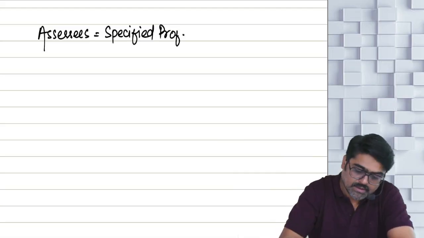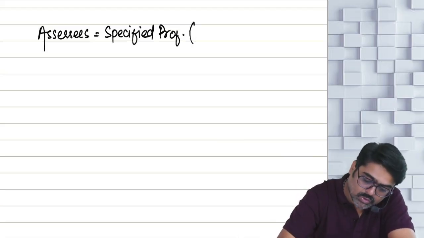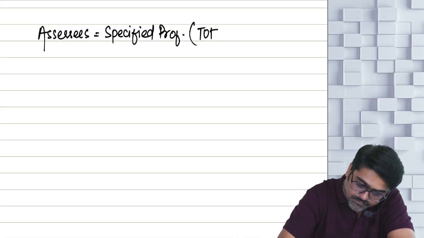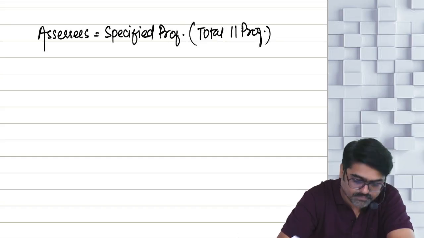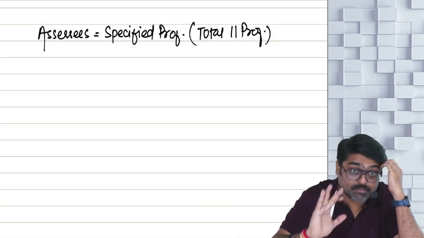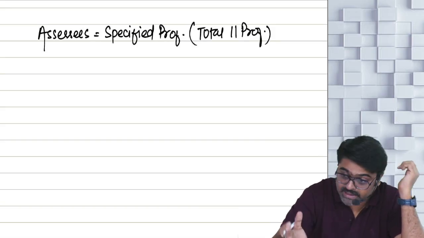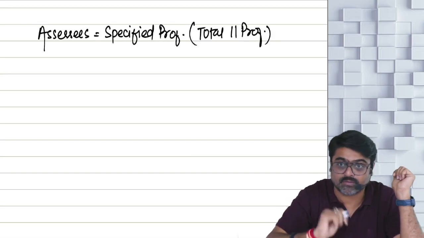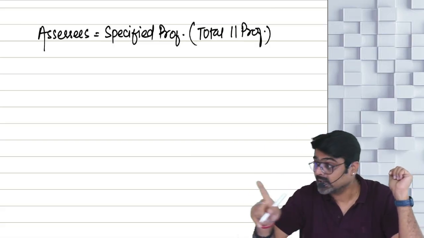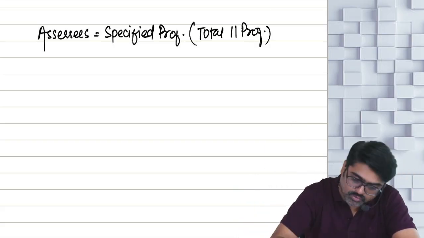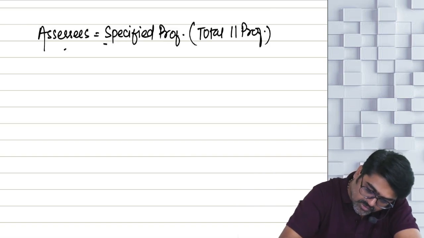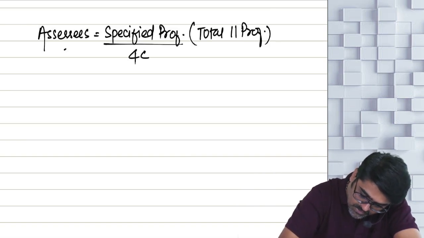Now wait, specified professions, there are total 11 professions. How many professions? 11 professions are there. So names of 11 professions are specified. All the professions? No, only 11 professions whose names are specified under section 44AA subsection 1.